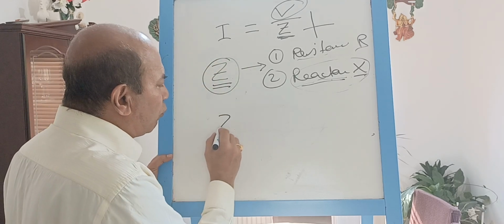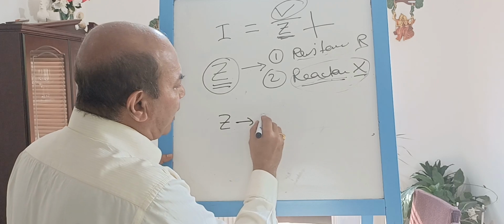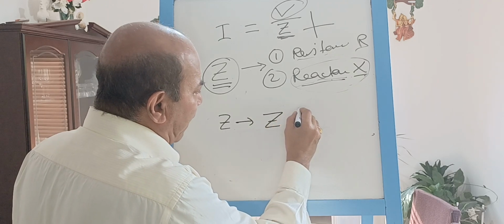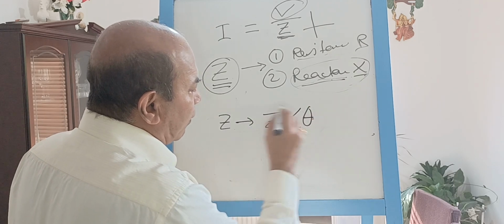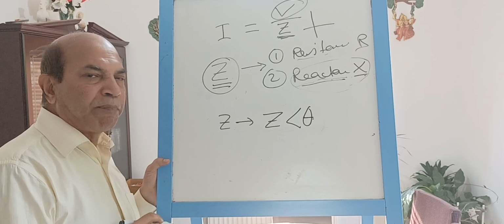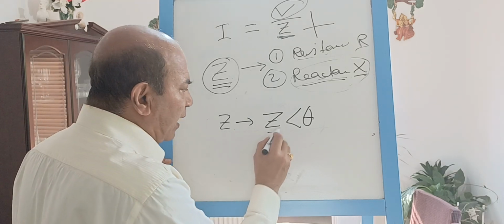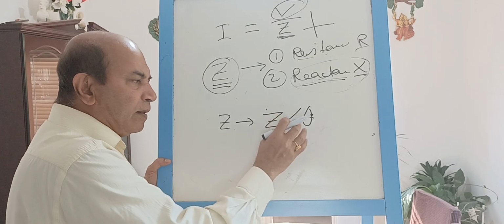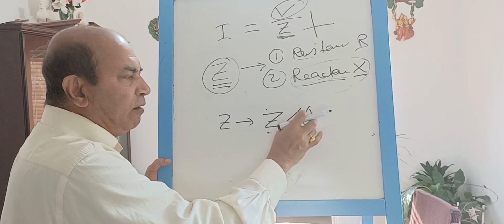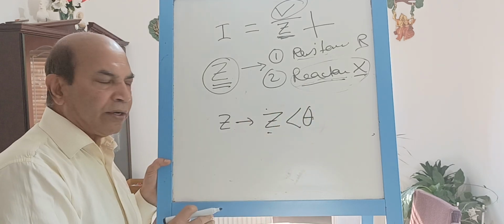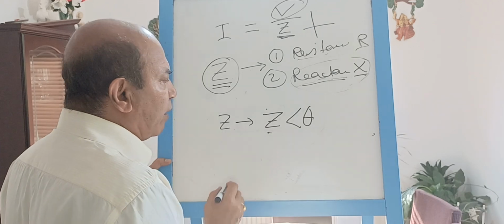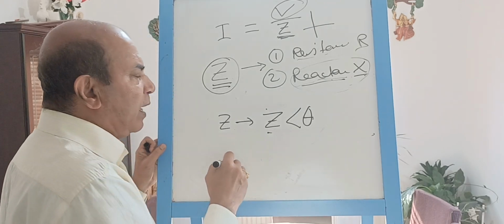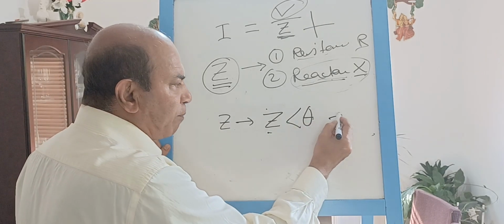One way is the polar form, where we write Z with an angle theta. This is called polar presentation. That means Z has two components, and the resultant Z has an angle theta with one of the directions. Or another way we can represent it is the rectangular form.